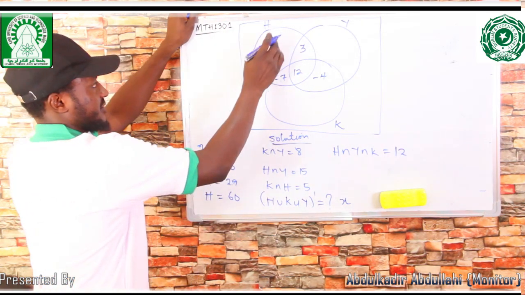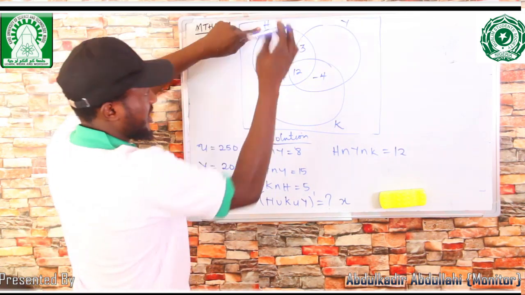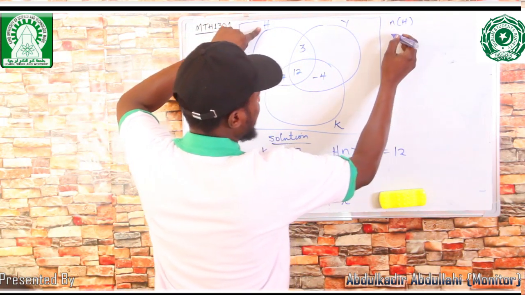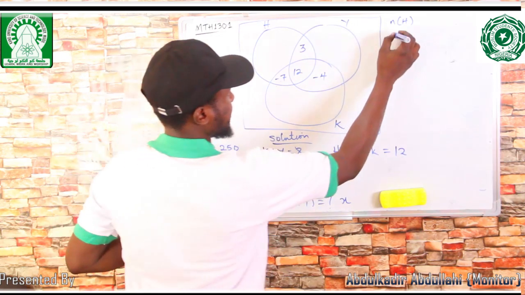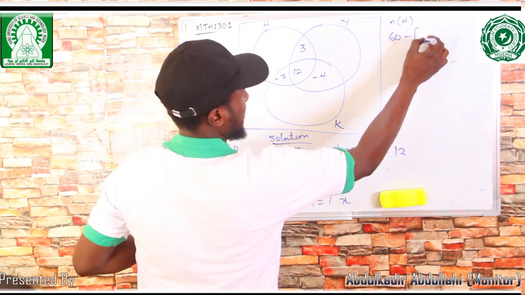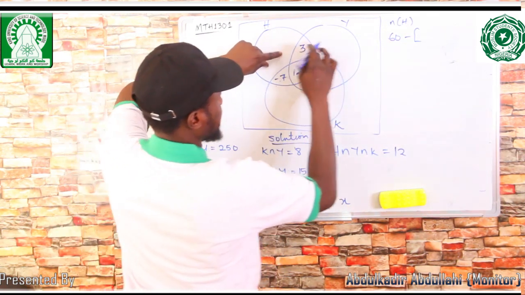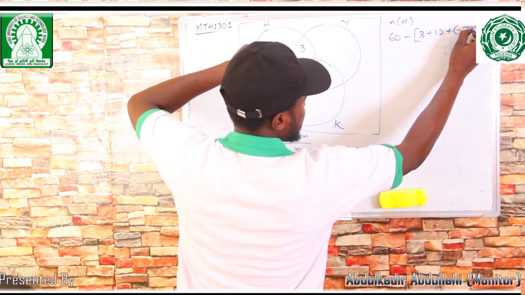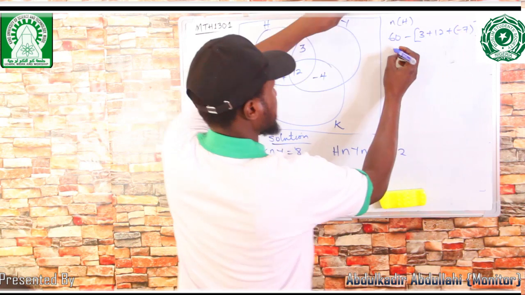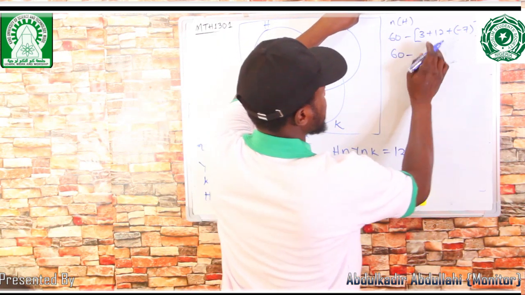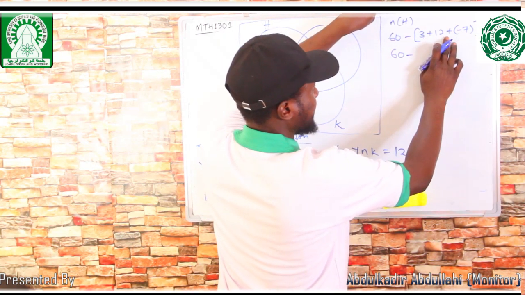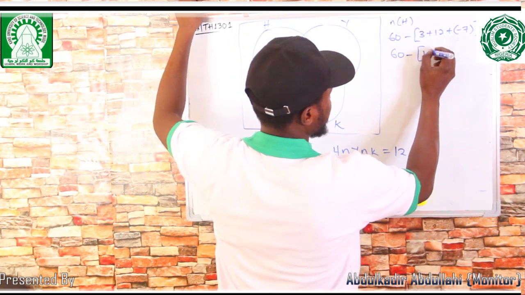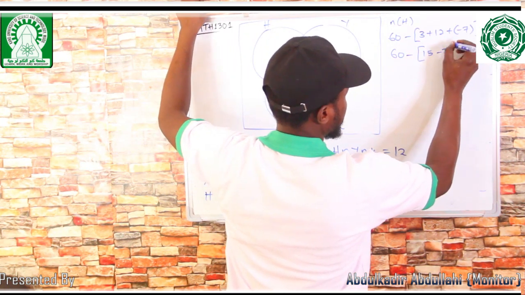So what next? This one, only H. As I said, it is the value of H, which is 60, minus all the intersected values. That is 3 plus 12 plus minus 7. So we are going to have 60 minus 3 plus 12, which is 15, then 15 minus 7.